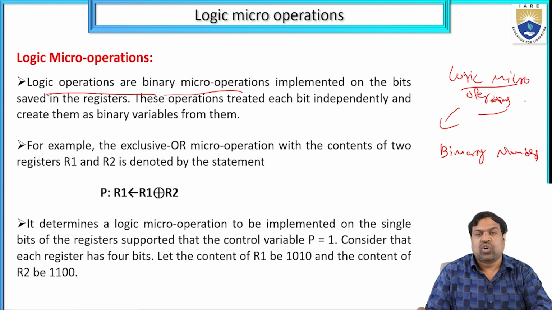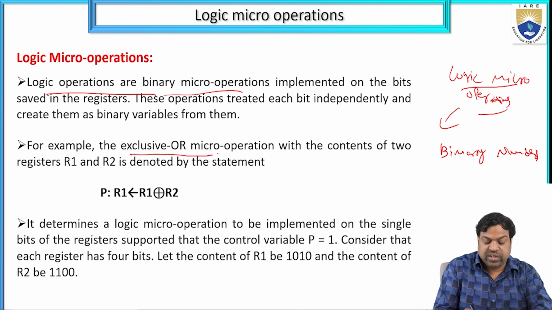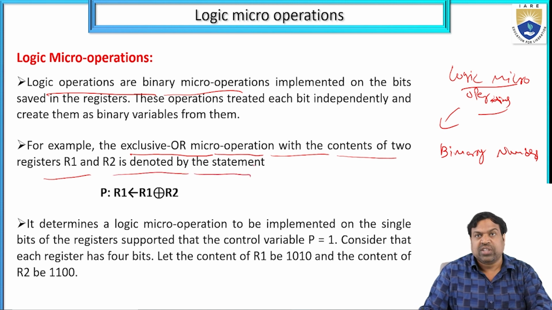Logic micro operations are binary micro operations implemented on the bits saved in the registers. These operations treat each bit independently and consider them as binary variables. As an example, take the exclusive OR micro operation with the contents of two registers R1 and R2, denoted by the statement R ← R1 XOR R2.